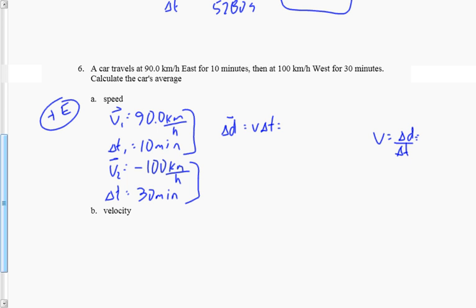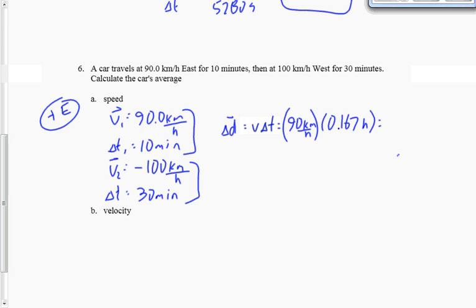So here we'd say the velocity is 90 kilometers per hour. 10 minutes, by the way, converted to hours, would be 0.167 hours. We divide by 60, right? 10 minutes divided by 60. And when you do that math, it gives me 15 kilometers.